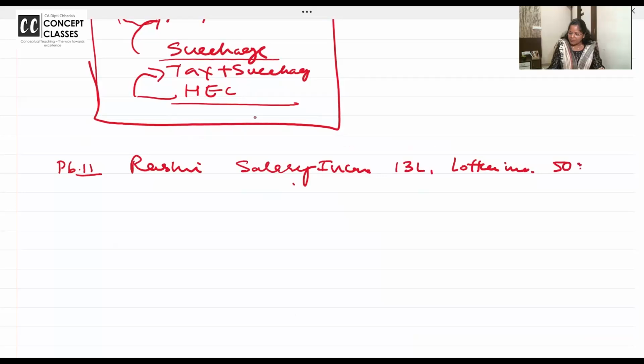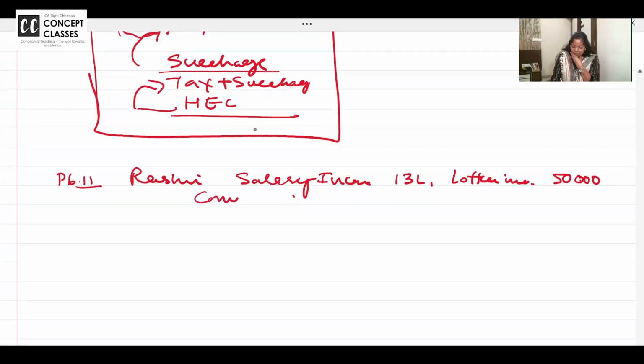Lottery income 50,000. Lottery income is flat taxable and this is slab rate. Presentation I'll show you. आप calculate तो करना. Compute the tax.